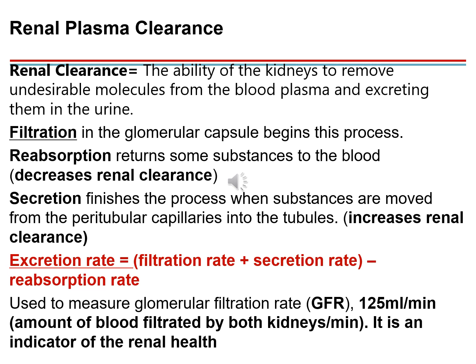That clearance is used to measure the glomerular filtration rate, and that glomerular filtration rate, which averages 125 milliliters per minute between both kidneys, is an indicator of renal health.